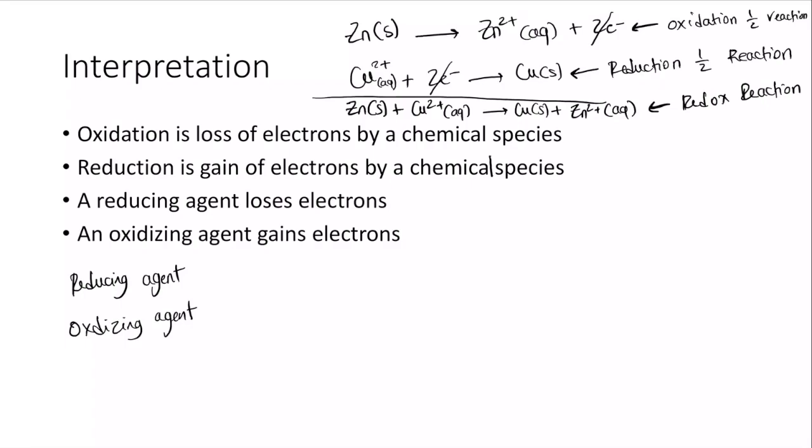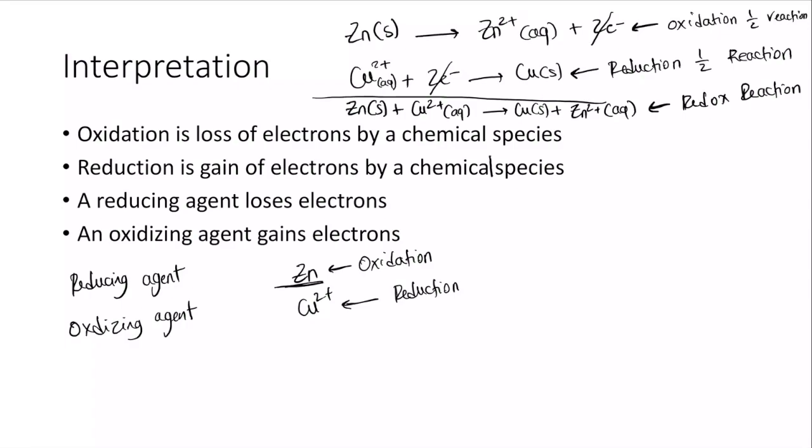We have Zn. We started our experiment with Zn and Cu2+, right? So Zn undergoes oxidation and Cu2+ undergoes reduction. Now the question is, what is the agent that allows Zn to undergo its oxidation?